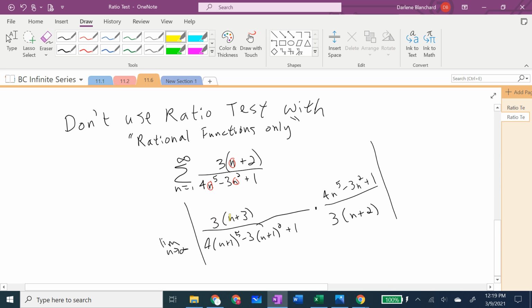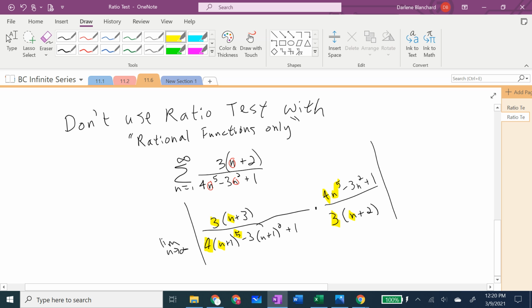Now, this numerator's largest degree term is n to the 1 power, and it's being multiplied by a 3. Further down the line, n to the 5th is a largest degree term within its pack, and it is multiplied by 4. In the denominator, n to the 5th power will create the leading term of its particular fraction. You have to bring the 4 with it, and then leading term again.